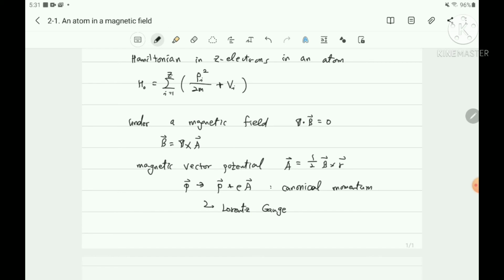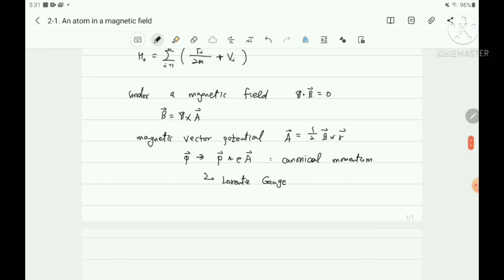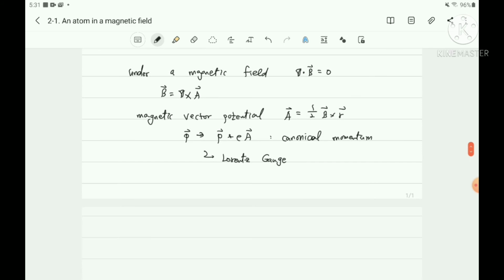It is simple to understand in the conventional electricity and magnetism class, and it is the basic representation of the Coulomb gauge.